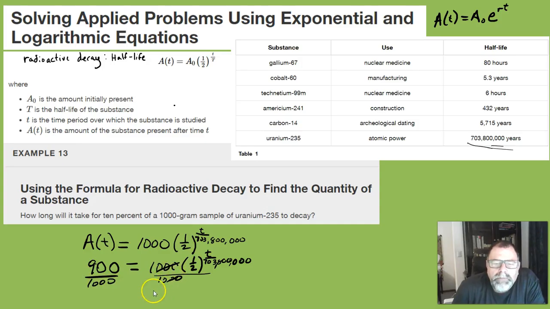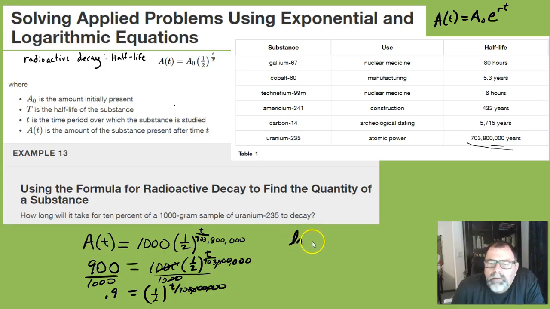So that cancels, and we get 1/2 to the t over 703,800,000, and then that's going to be 0.9. Now we're going to ln both sides, or you know what? Yeah, let's ln both sides.